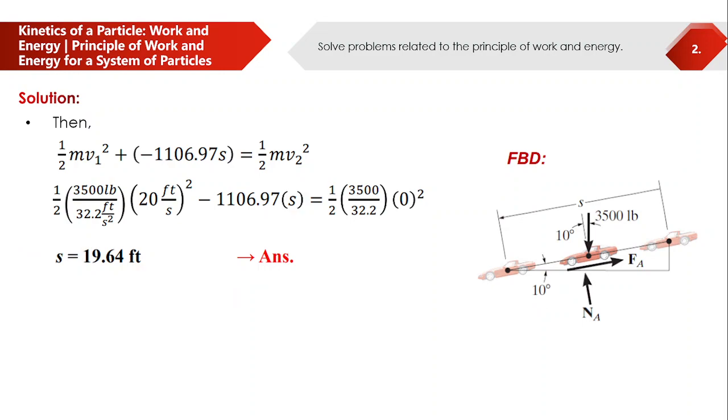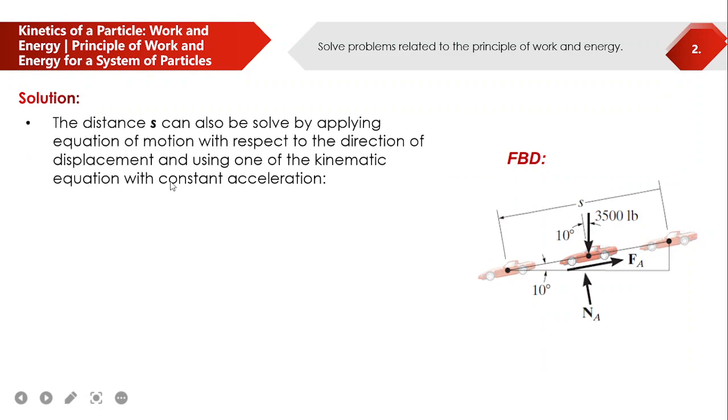Okay. So the distance S can also be solved by applying the equations of motion with respect to the direction of the displacement and using one of the kinematic equations with constant acceleration. So the sum of all forces is equal to m times acceleration.